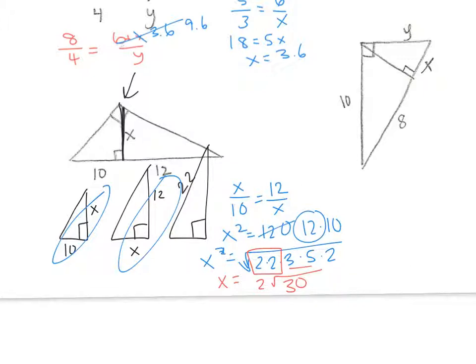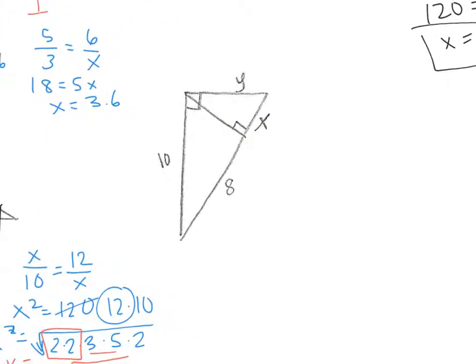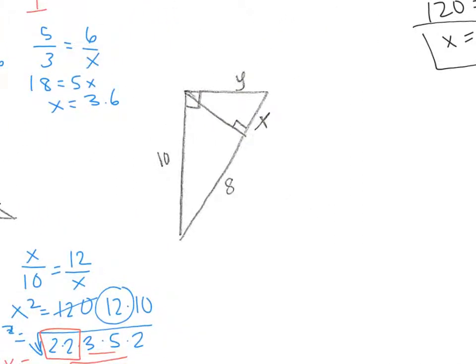And then here we go on this other triangle. It's still an altitude right here with a right triangle. So I can write 3 different triangles. So 1, 2, 3. 90, 90, 90.